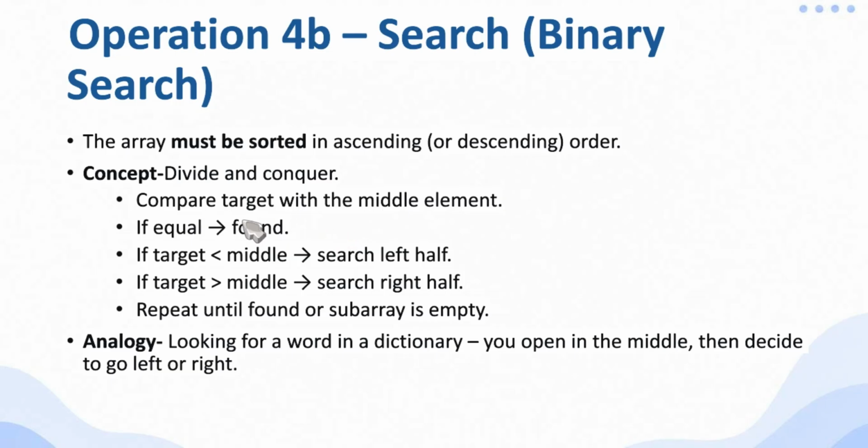If they are equal, it's found, right? If the target is less than the middle, you have to search the left half. If the target is greater than the middle, you need to search the right half. Repeat until you find it or the sub-array is empty.